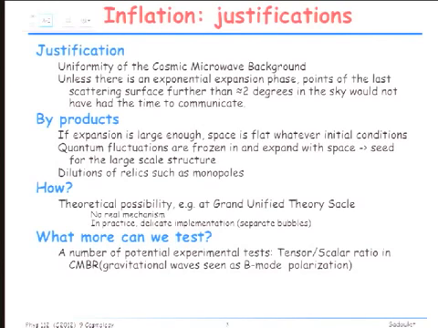If you plot what we call the power spectrum of density fluctuations as a function of the spatial frequency, or wave number that we call k, we just Fourier transform, or make a harmonic analysis, of the density fluctuations in the universe as a function of scale.